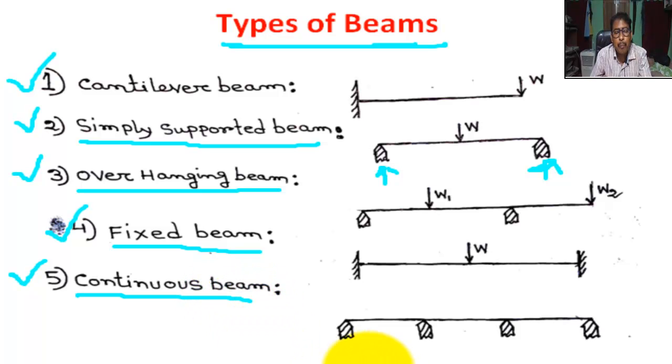Here the beam is supported at more than two supports. Supported at this point, this point and this point. A beam with more than two supports is known as a continuous beam.